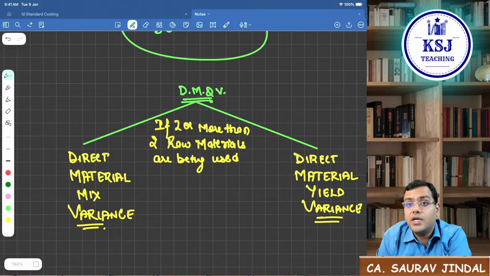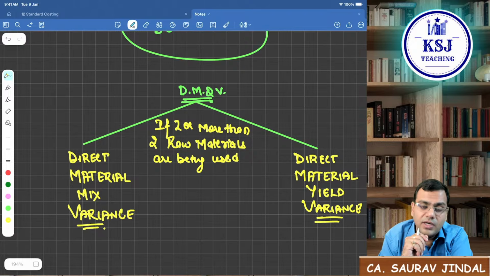if you are mixing the wrong quantity of raw material. Right? Let's say there are two raw materials A and B. Those two raw materials are to be mixed in the ratio of 4:3, but you mix them in the ratio of 3:4. Right? Both the raw materials will have different prices. Clear? So your quantity changes, which means there is a direct material quantity variance.